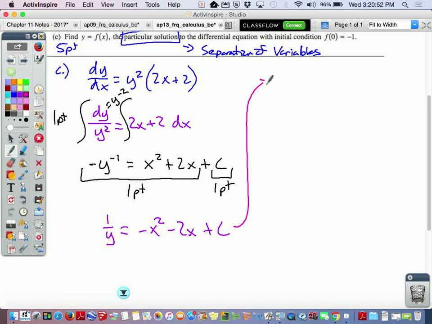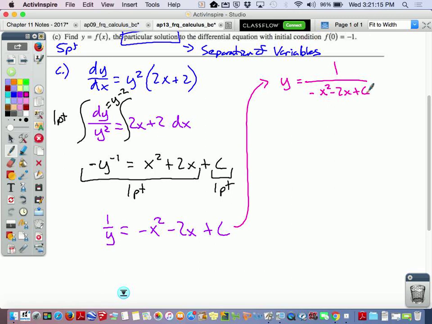Now, if I want to solve for y here, and I've got 1 over y equals all of the right side, think about multiplying by y on the right side and dividing by all of this right side. And we're going to get y equals 1 over negative x squared minus 2x plus c. So that's solving for y.